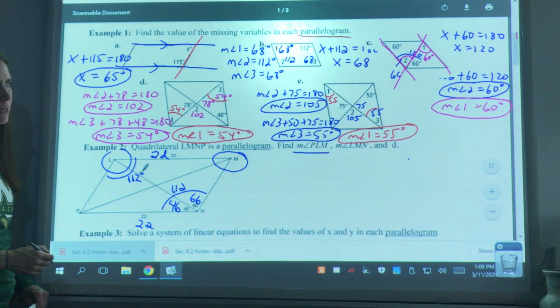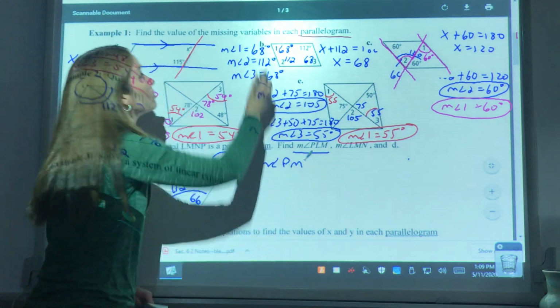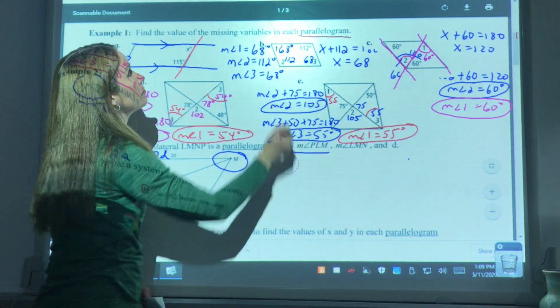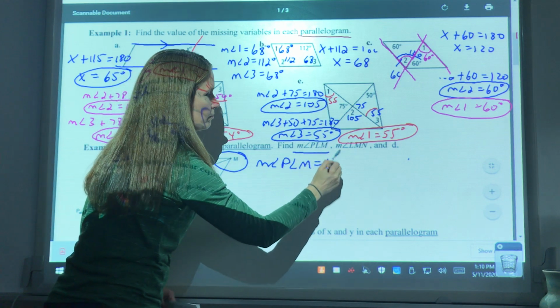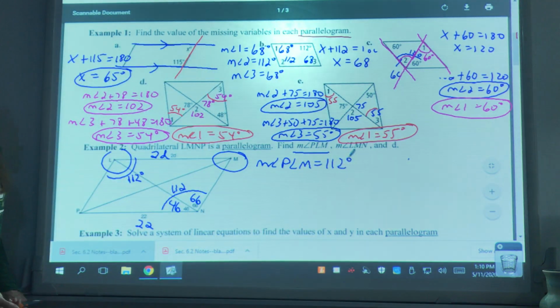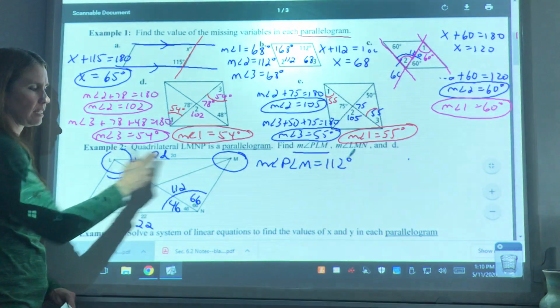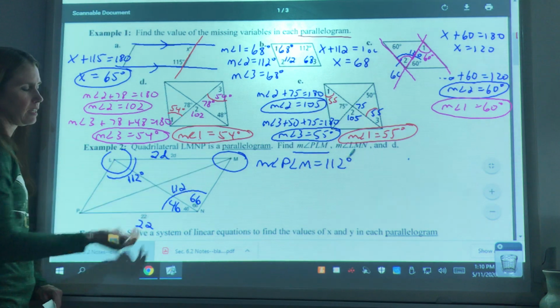Okay, so I'm going to write it in my picture, but I'm also going to show it off to the side here, to make sure that is clear. Then the next one I need to find is this angle. One of the properties up above says that consecutive angles are supplementary, so these two must add up to 180.